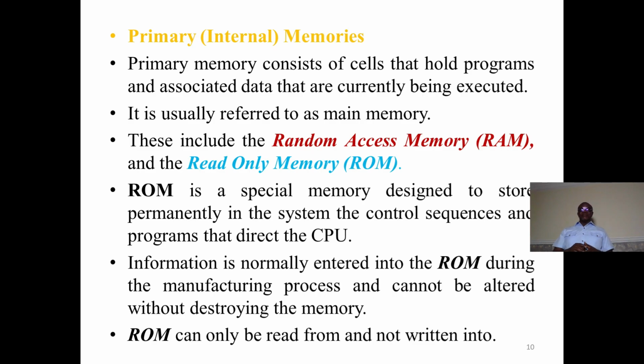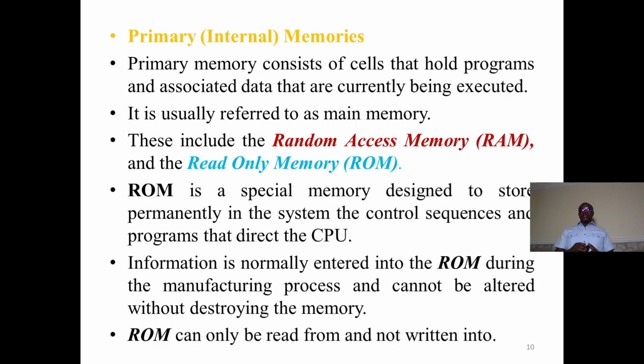These include the random access memory, otherwise known as RAM, and the read-only memory, otherwise known as ROM. ROM is a special memory designed to store permanently in the system the control sequence and programs that direct the CPU.